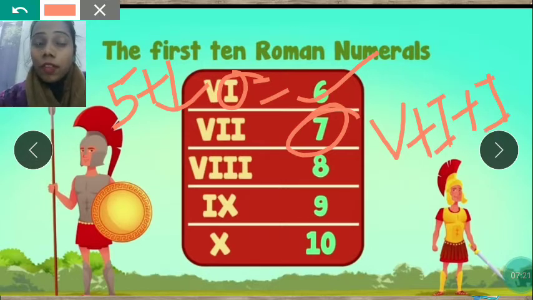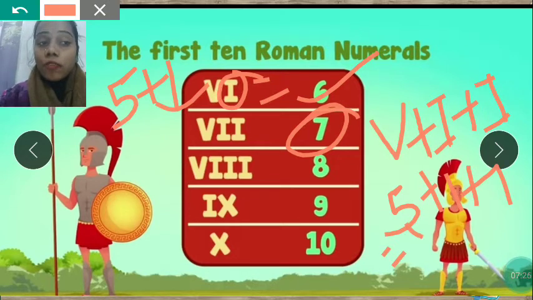So 5 plus 1 plus 1. So it will be equal to 5 plus 1, 6; 6 plus 1, 7.